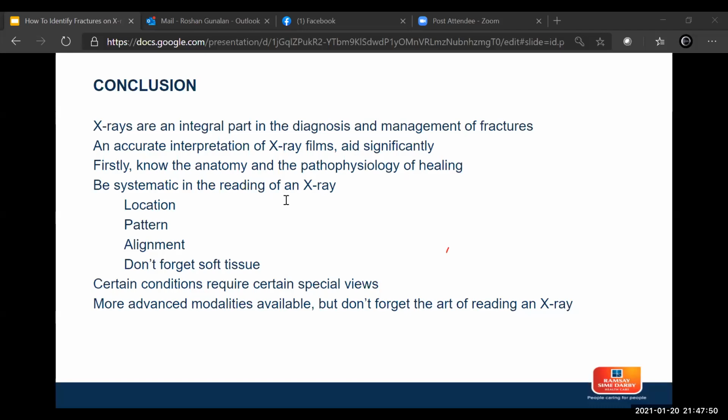There's still some motion going on. It will end up in a non-union. They call it a hypertrophic type. The second is if the factors that cause healing, like the bone condition, the blood supply, the soft tissue coverage to that area, are poor. Sometimes you can get an atrophic type of non-union where the process just stops. The bone ends just cannot unite no matter what. So there are generally a few types.